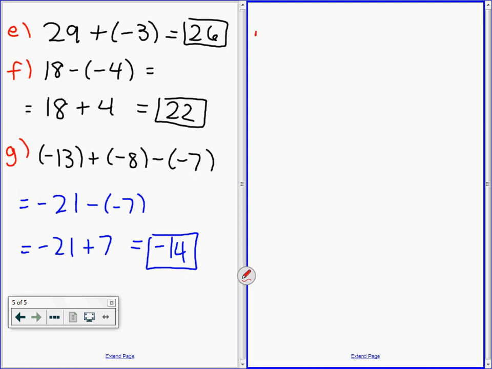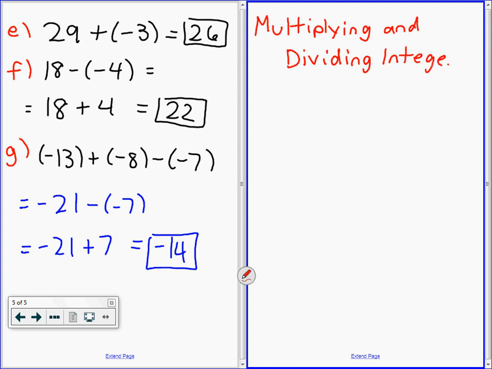Multiplying and dividing integers. Okay, so Taylor and Ariana wanted to pass on the last one, that's fine.